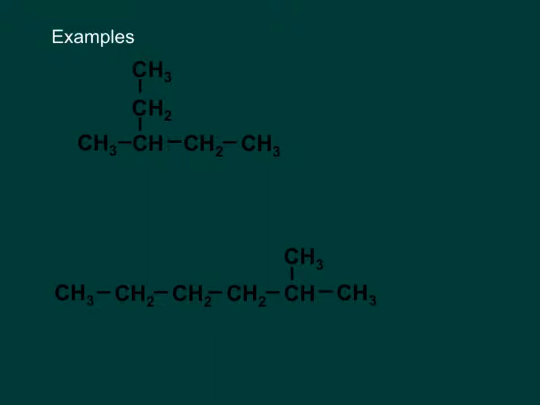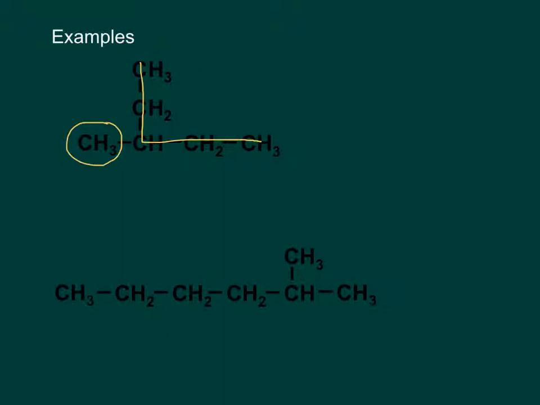Okay, so here's a couple of examples for you to have a go at. So try naming these two and see how you get on. So let's tackle that first one. Where's my longest chain going to be? Well, it's going to be 1, 2, 3, 4, 5. So my longest chain is 5, which means it's going to be pentane, because of course it's an alkane. However, I need to think about this guy here.